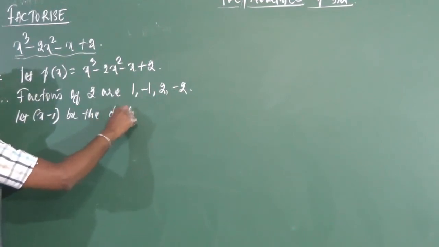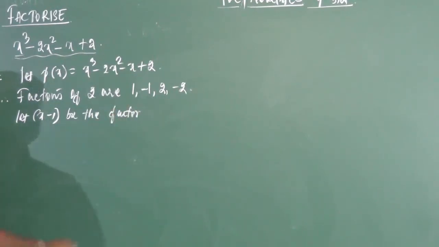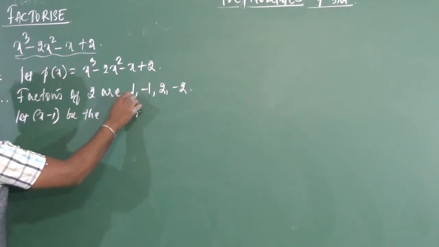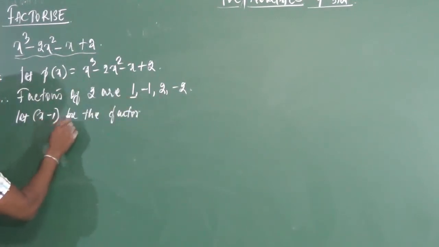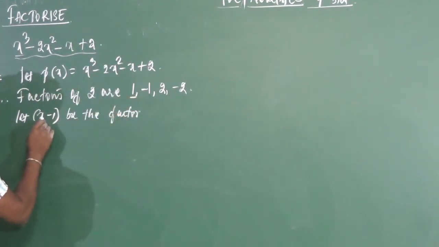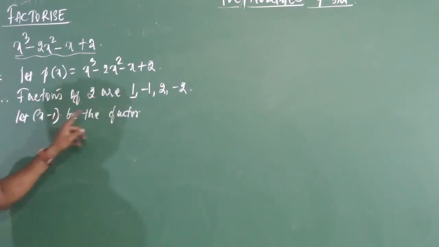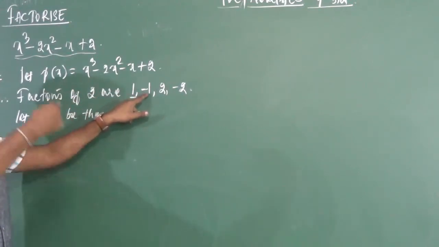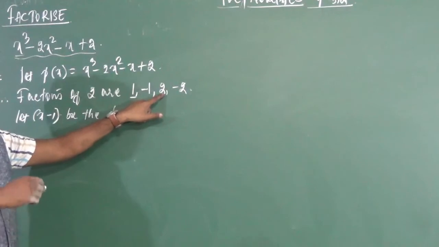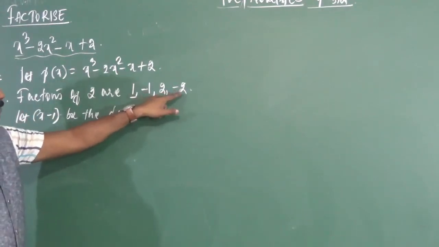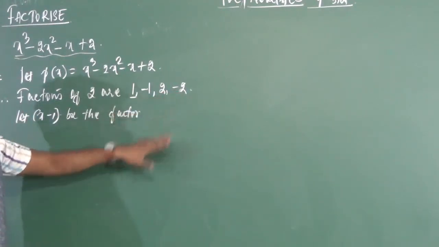Let us guess this. Let x minus 1 be the factor. So I have taken this 1. I have written in this form, that is x minus 1 be the factor. So when x minus 1 is equated to 0, then x is equal to 1. So 1 will be written in the form of x minus 1. Minus 1 will be written in the form of x plus 1. 2 will be written in the form of x minus 2. And minus 2 will be written in the form of x plus 2.